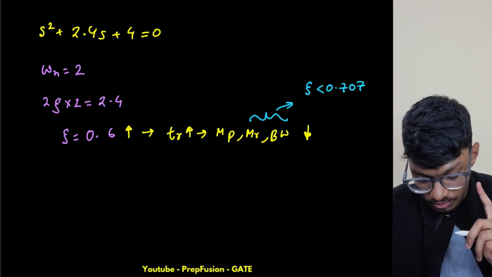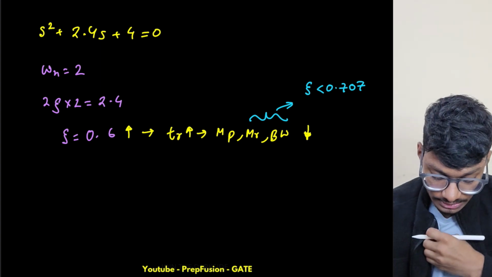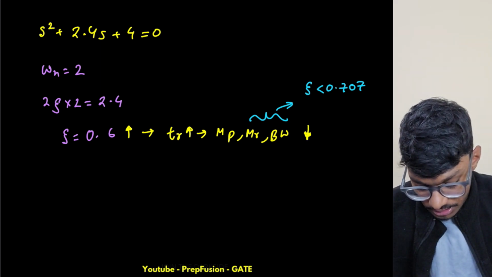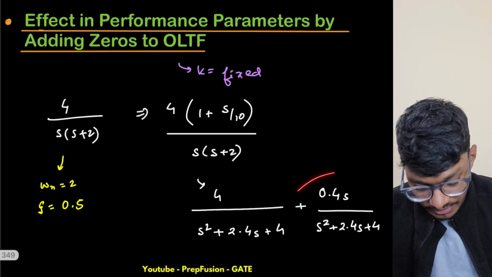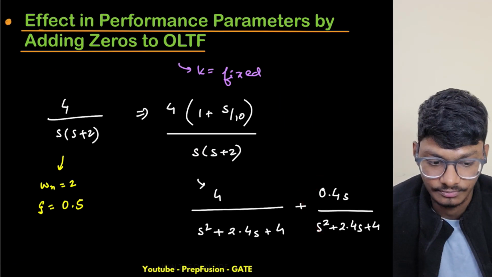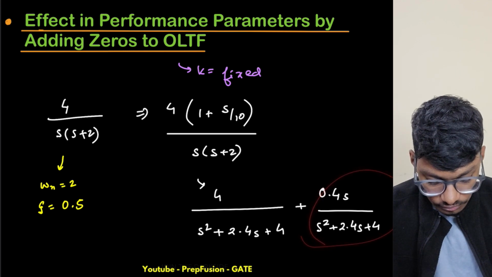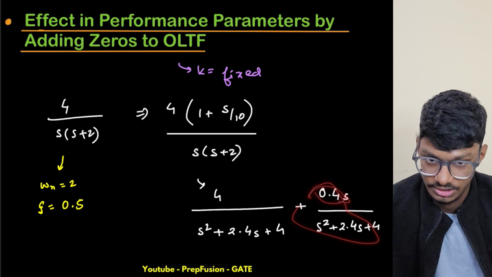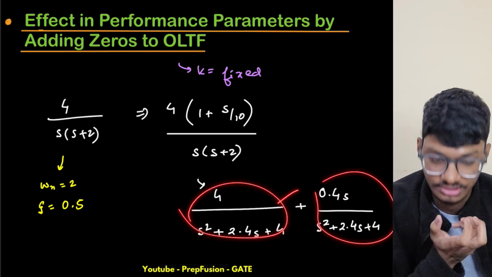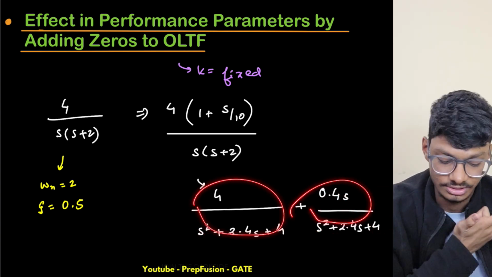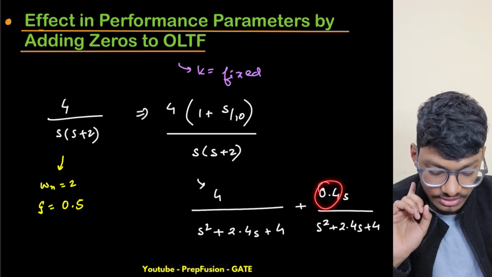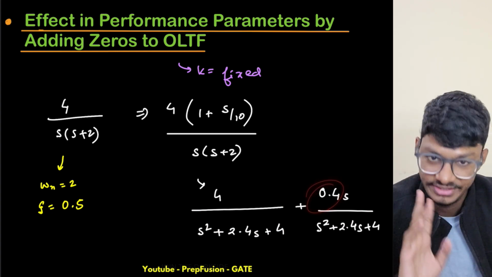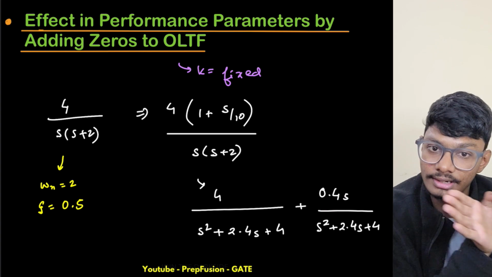Other thing is that my zeta is increasing, but we have this term also. We can't simply forget it. This term has s in it and everything else is almost the same, with a constant different. So this is the differentiation of this response. Now, if this coefficient is very low, then we can neglect this.